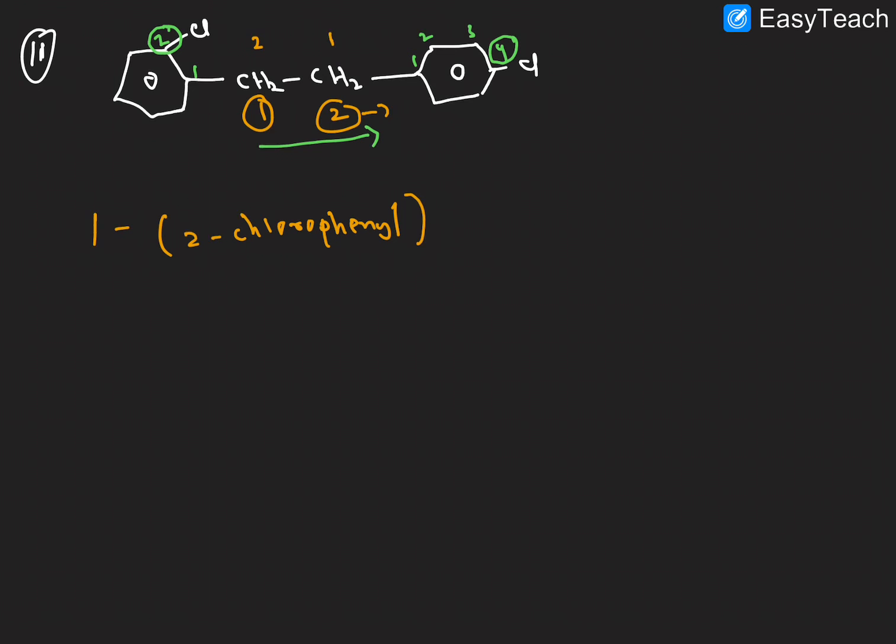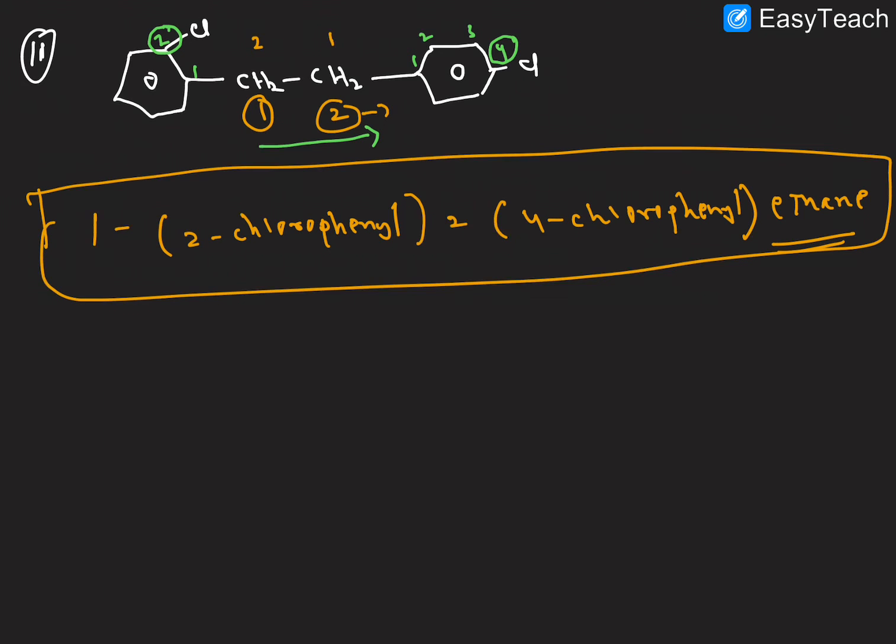And what is that here? That position is the 2 position, again start the bracket, and 4-chlorophenyl, bracket close, and ethane. So this is the name of this compound.